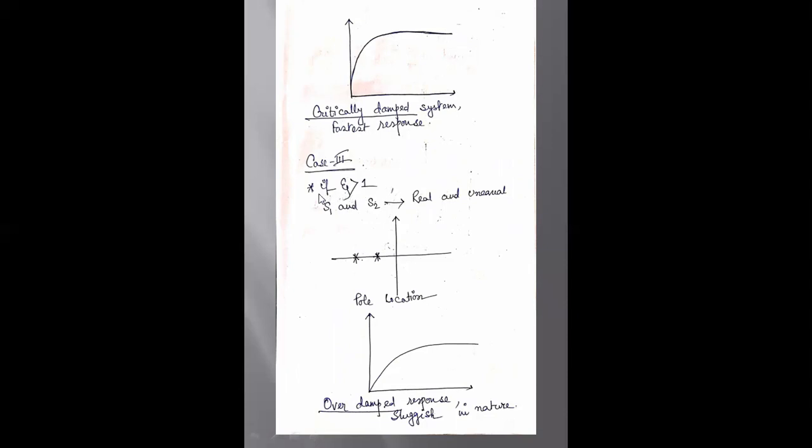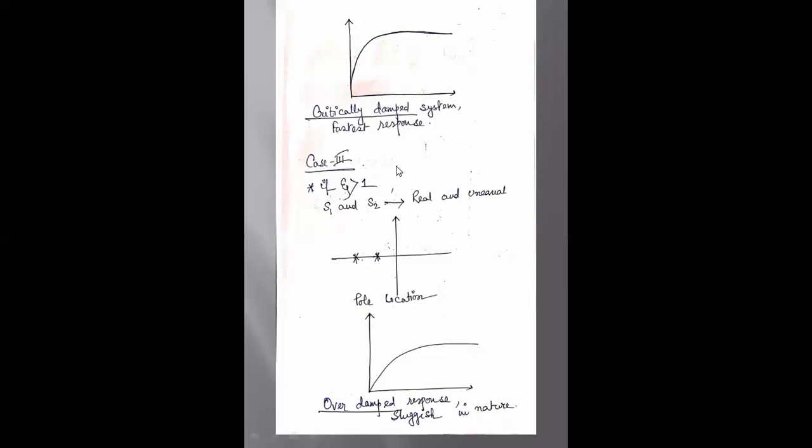Now case 3 is if zeta is greater than 1, s1 and s2 are real and unequal. It is clear in the pole location that s1 and s2 are real and unequal. This response is known as the overdamped response, and it is sluggish in nature.